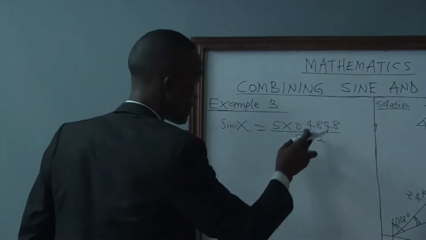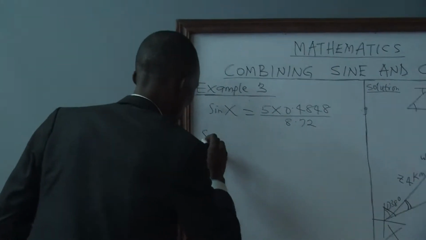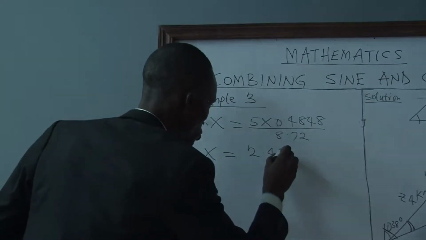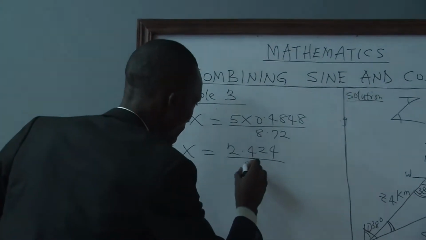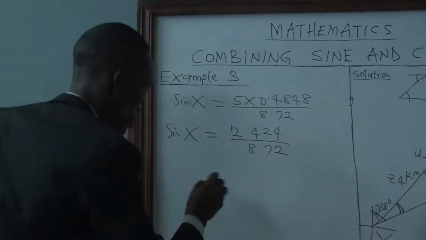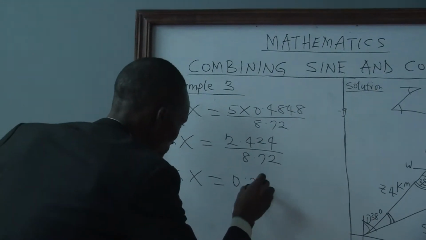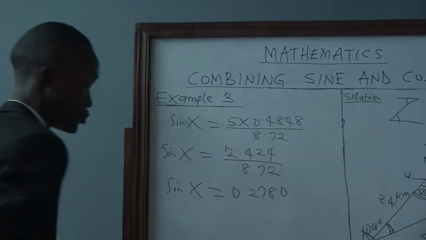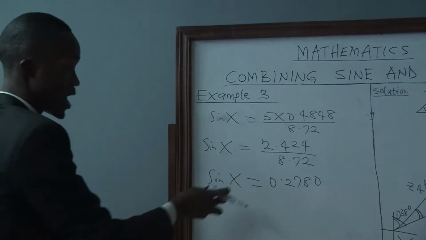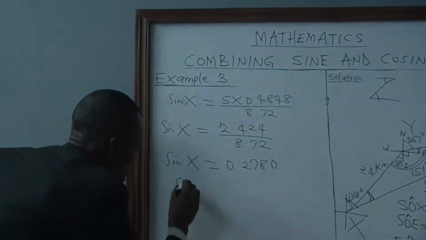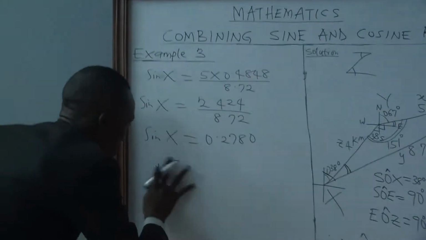So the product of 5 and 0.4848, we have sine x to be 2.424 divided by 8.72. Then sine x will give us 0.2780. We need angle x, but this is sine x, and what we do there is we check for arcsine.